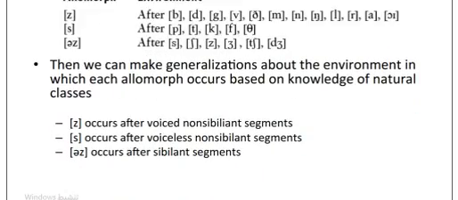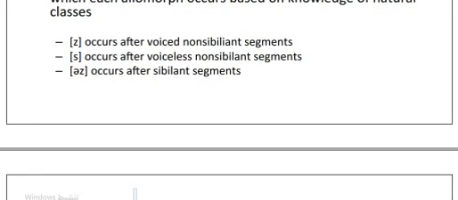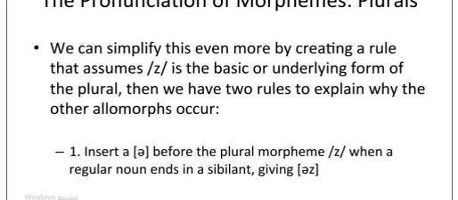Here they mention that z occurs after voiced non-sibilant segments, s occurs after voiceless non-sibilant segments, and iz occurs after sibilant segments. To make sure what we mean, we know exactly what voiced and voiceless mean, so this is very clear for you. To simplify, we can assume z is the basic or underlying form of the plural.